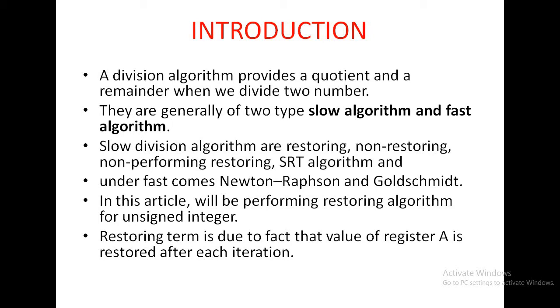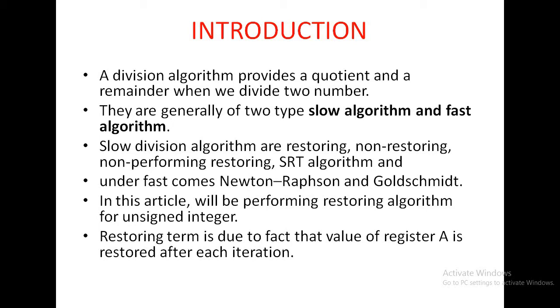Let us consider we divide 7 by 2. If we divide 7 by 2, the quotient is 3 and the remainder is 1. In every division method, the result is a quotient and a remainder.